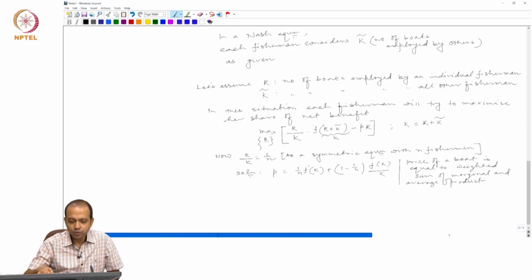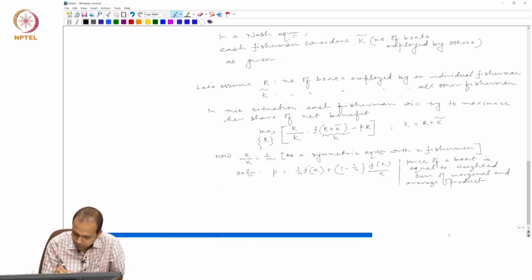Without much complication, I am directly putting the solution here. This solution is the solution of this maximization, where the control variable is this, wherein k tilde is given. So, that solution turns up as P equals this.